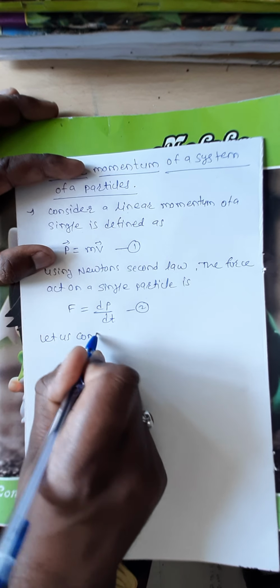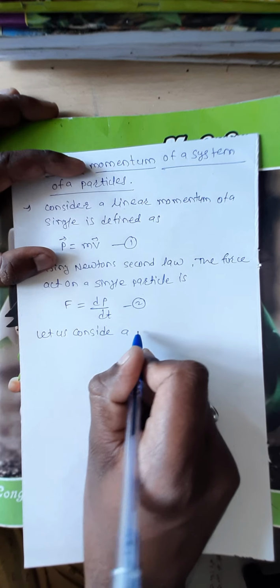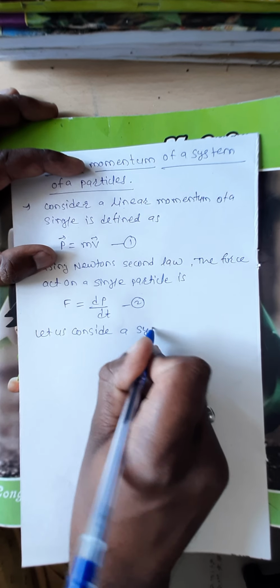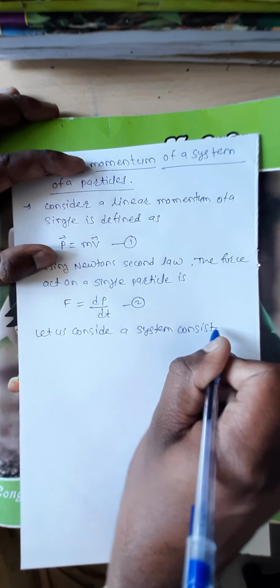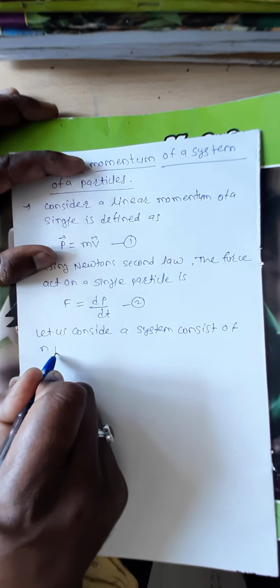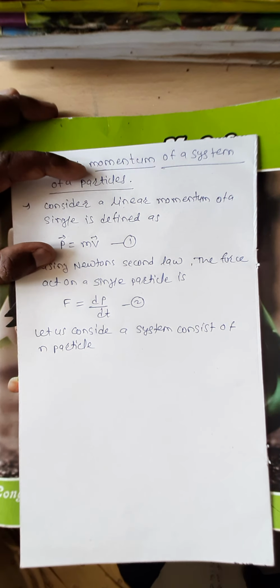Now let us consider a system consisting of n particles, which means in the system n particles are present.